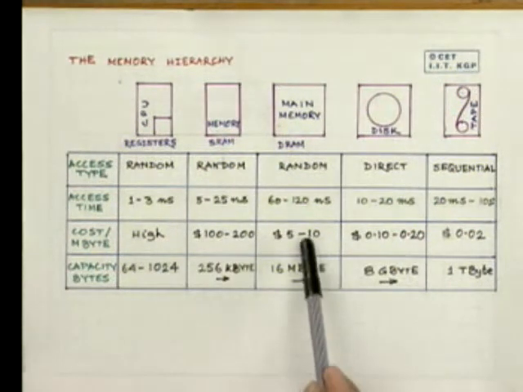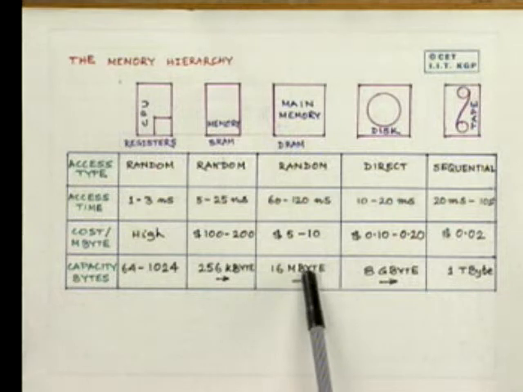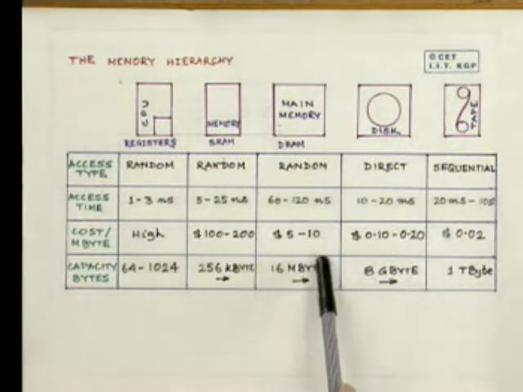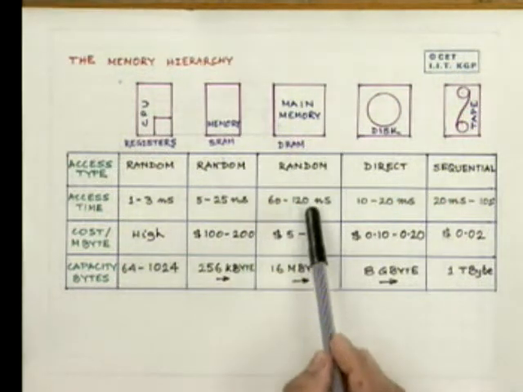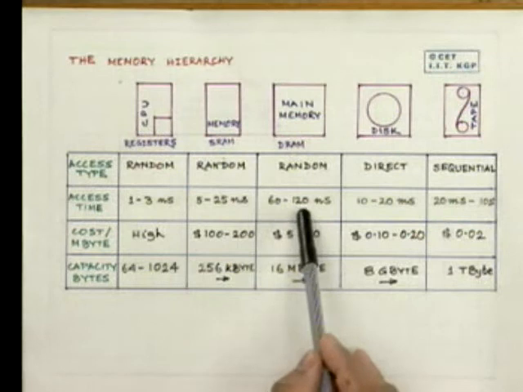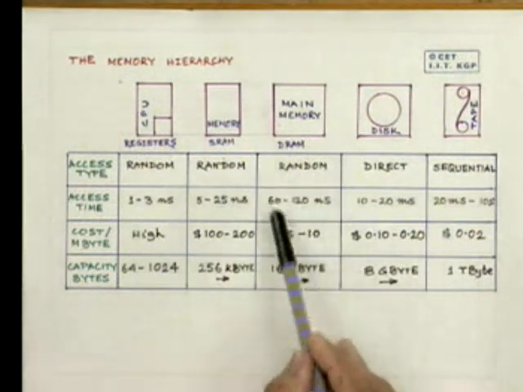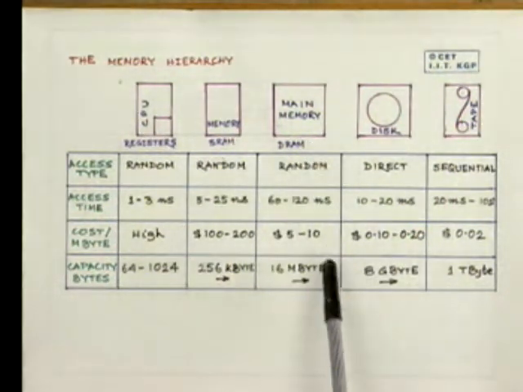Nowadays, since the cost is low, simple PCs can have even 64 megabytes, and the servers can have much more memory. The main memory, because the cost is low and the access time is somewhat tolerable, is constructed out of DRAM.